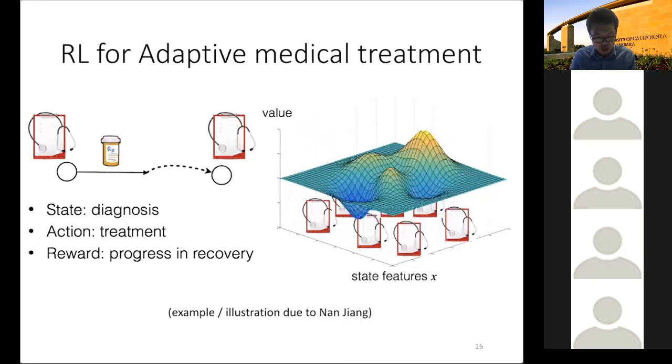Then to measure the reward, we can check how well this patient is recovering. And then a learning system would keep maximizing the reward with respect to the criteria that the doctors specify, right? So the diagnosis, I argue, is also an observation, and the underlying states are more complicated.